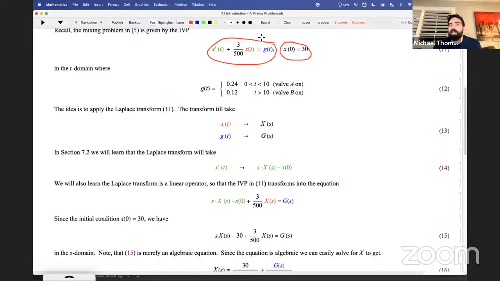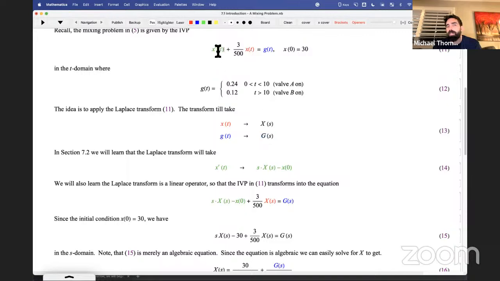You actually apply it to the whole thing. And what ends up happening is this little x function is going to be transformed into a big X function. And this little g function is going to get transformed into a big G function. Notice the domains are different though, right? We're now in the S domain.